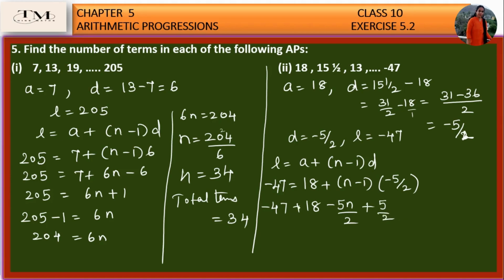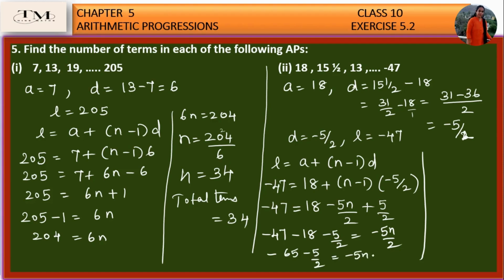So taking all the constant terms to one side, minus 47 minus 18 plus... minus 5 by 2 is on the other side we have minus 5n divided by 2. So minus 47 and minus 18 you will get minus 65, minus 65 minus 5 by 2 is equal to minus 5n by 2.